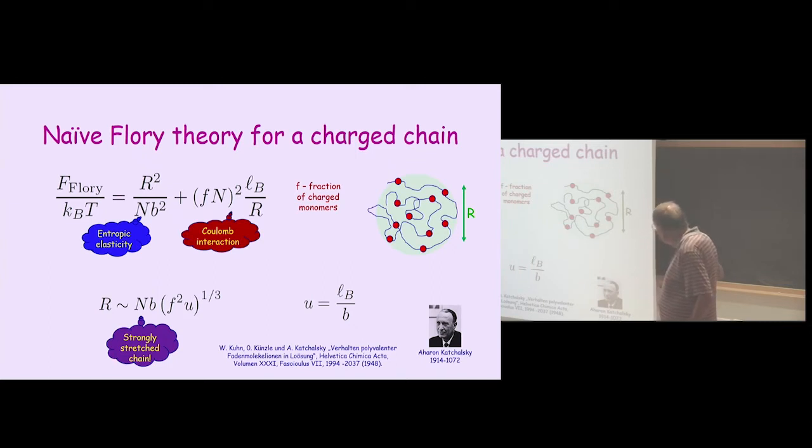It's just a set of charged monomers, and that's it. So no screening. So this is the square of charge. f is the fraction of monomers that are charged. So you minimize this, and you discover something like this, which is a beautiful thing. It means that your coil is not like this at all.